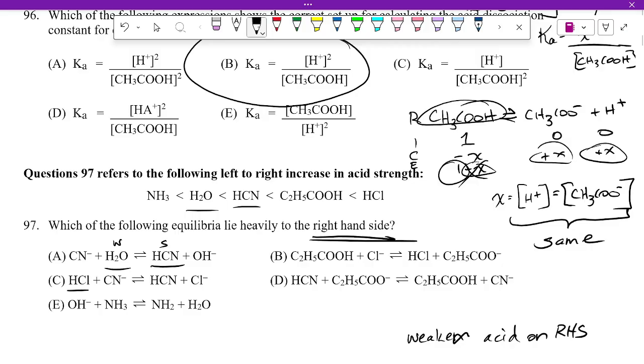We have HCl and HCN. This one is stronger. In fact, it is strong. Weaker. So if it's going to lie heavily to the right-hand side, I would say the one with the strong acid is going to lie the most heavily to the right-hand side. This one is missing a minus here.